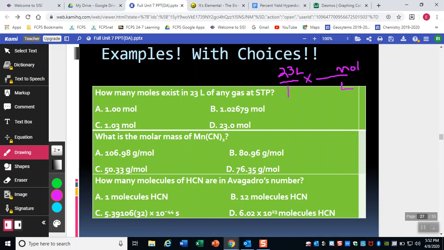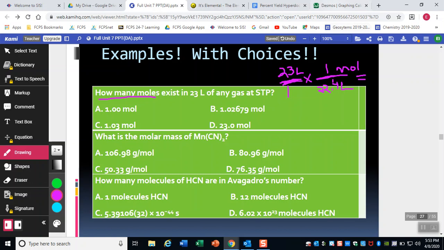It says how many moles. So I've got 1 mole is 22.4 liters. And this is on top and this is on the bottom of a fraction, remember fractions mean divided by. So 23 divided by 22.4.